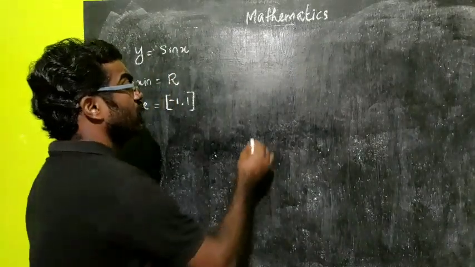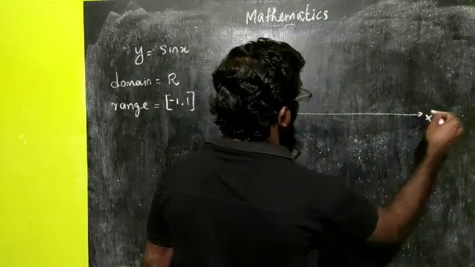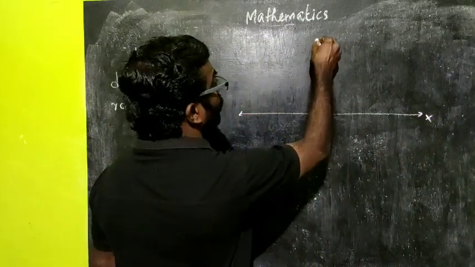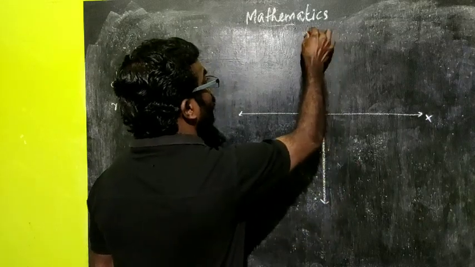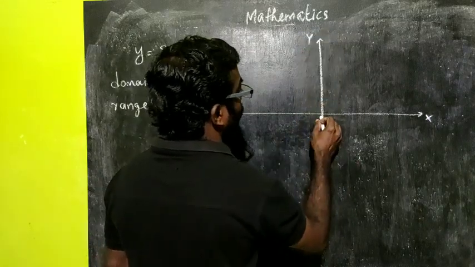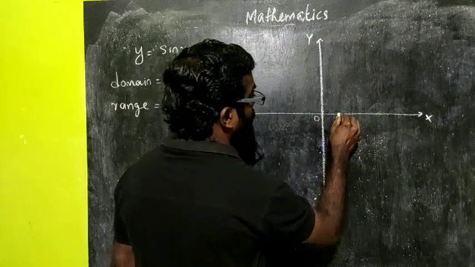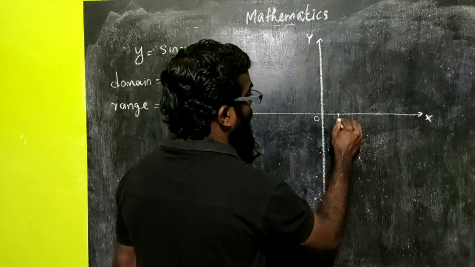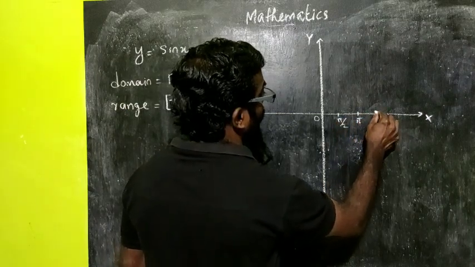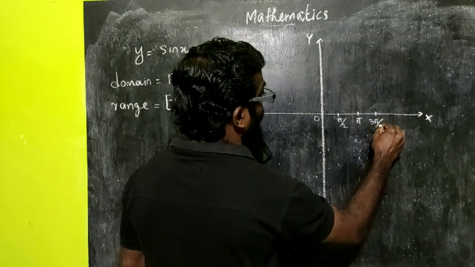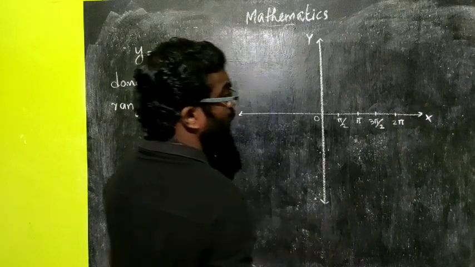So here we can mark x axis and y axis. Then on x-axis we can mark the angles, namely 0 degree, then pi by 2 (90), pi (180), 3 pi by 2 that is 270, then 2 pi that is 360.